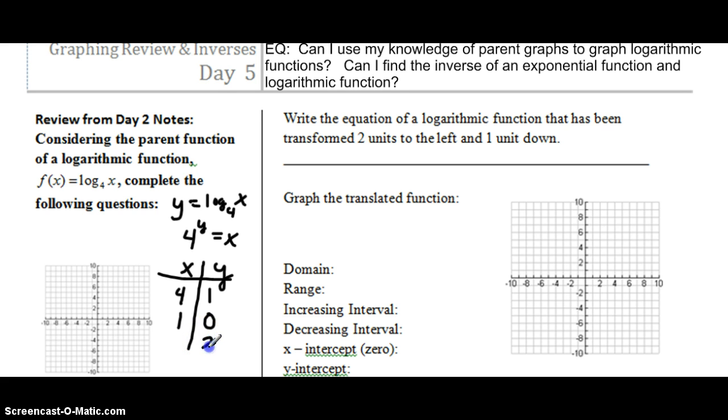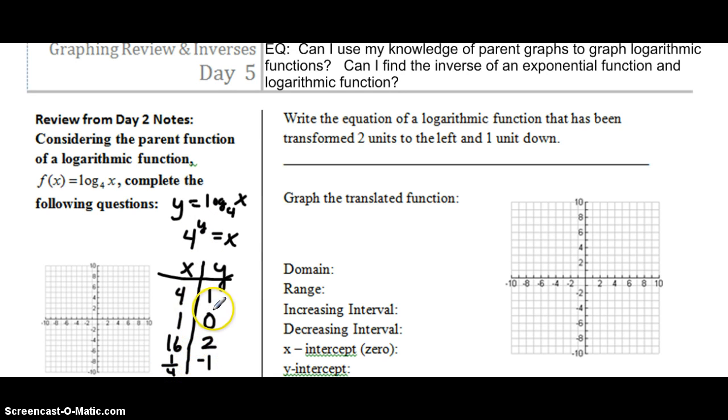If I input 2 for y, I'll get 4 squared, which would be 16. And if I input -1 for y, I have 4 to the -1, and that would be 1/4.